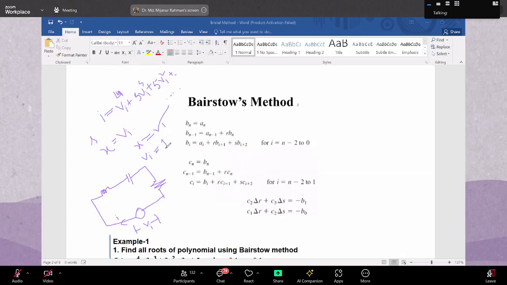Otherwise, the answer is not correct, because your question is asking you to find the value of Vi, but you are presenting the value of x. This is actually not correct.